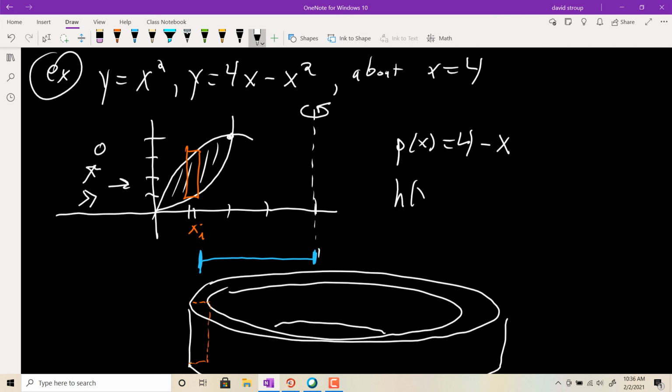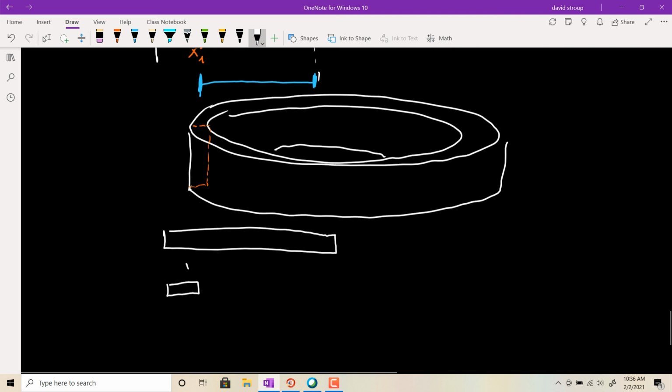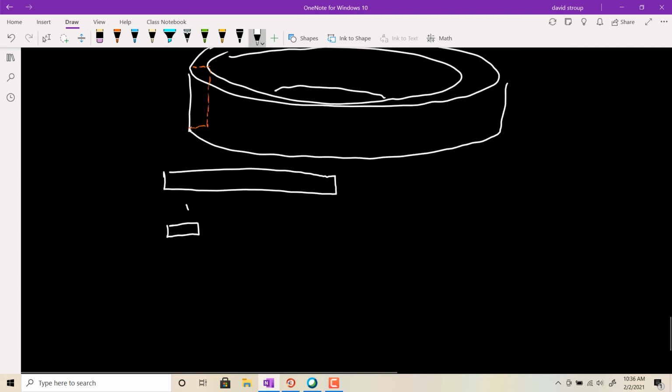And then the height of the rectangle is, again, a difference. In this case, it's the difference between this height and this little height, which are given by the parabola 4x minus x squared, and then the lower height is given by x squared. Okie dokie. So let's go ahead and get our integral set up.